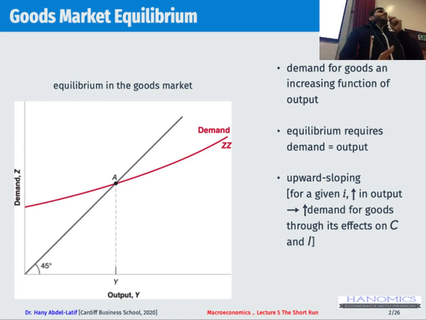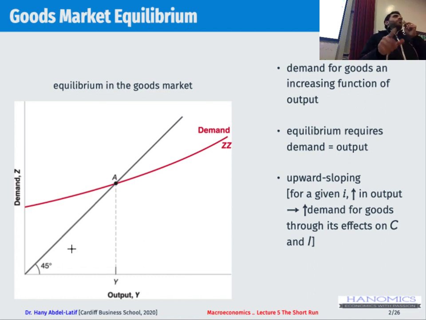So the equilibrium condition is the same: demand equals output. Remember, we carry on with our assumption about inventories. Okay, no inventories so far. To have equilibrium in the goods market, the equilibrium condition is, again, demand equals output. This happens exactly here at point A, where the aggregate demand curve intersects with the 45-degree line.